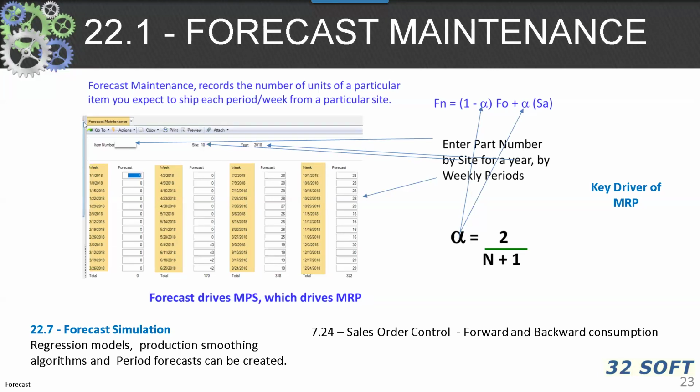In 7.24, sales order control, forward and backward consumption can be used to compensate for monthly inaccuracies. This is always an interesting set of discussions between sales, inventory, and operations.